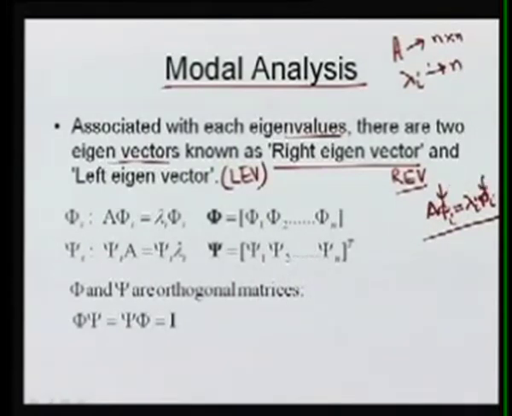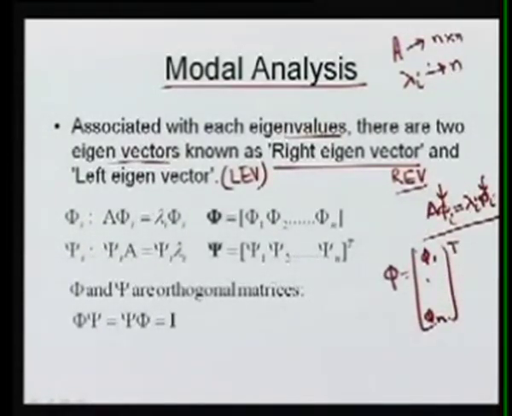We are just multiplying by this vector. Why is it a vector? Because phi will have order n by 1, and it will be transposed.